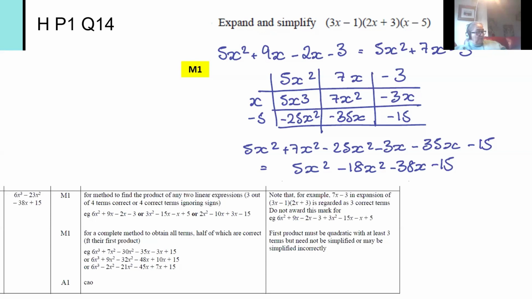No, that's the X squared term is incorrect. Yeah, because it should have been 6x squared. But then they followed that through. And again, because 5 of the 6 terms are correct, following through from their first product, they were able to, but then their final answer's wrong. So they're not getting penalised twice.